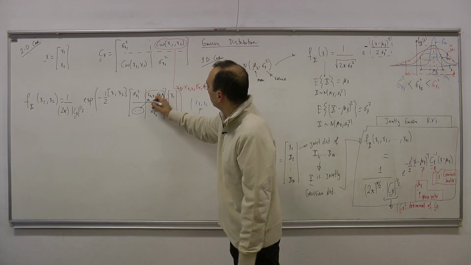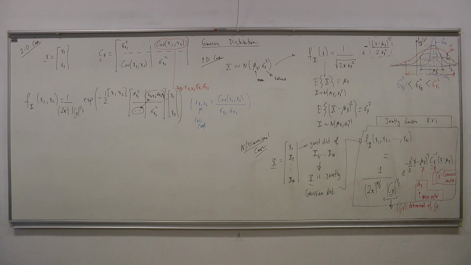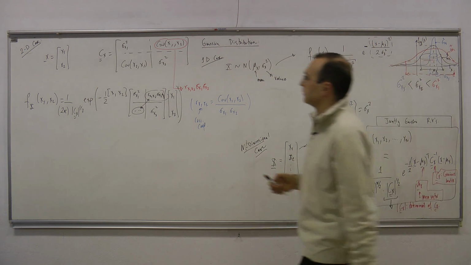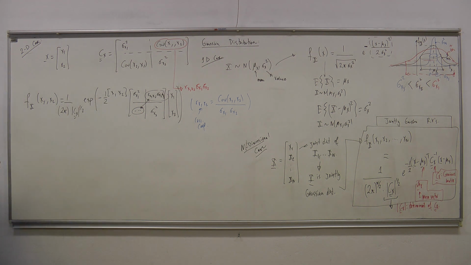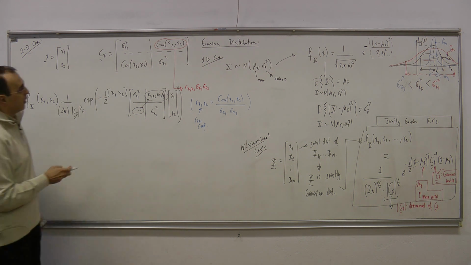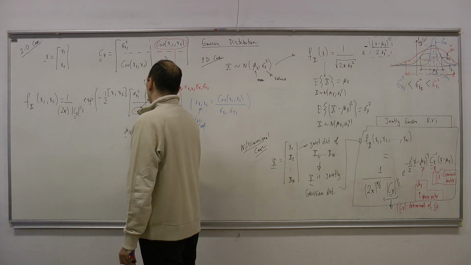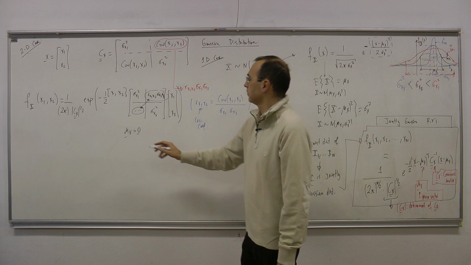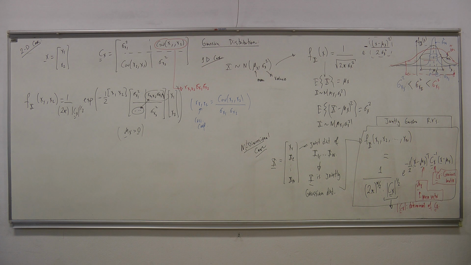This is the same entry. Now, what do you think about this operation? So let's think about this function. Okay. Oh, by the way, I have taken mean vector as 0 over here. Okay. So I have taken this mean vector as 0.